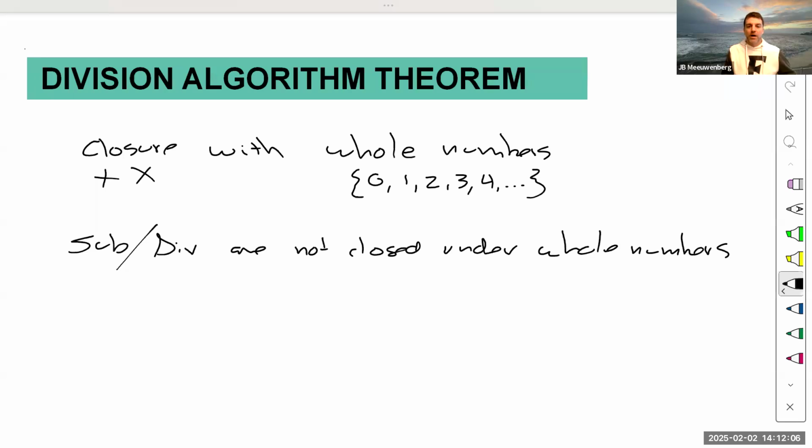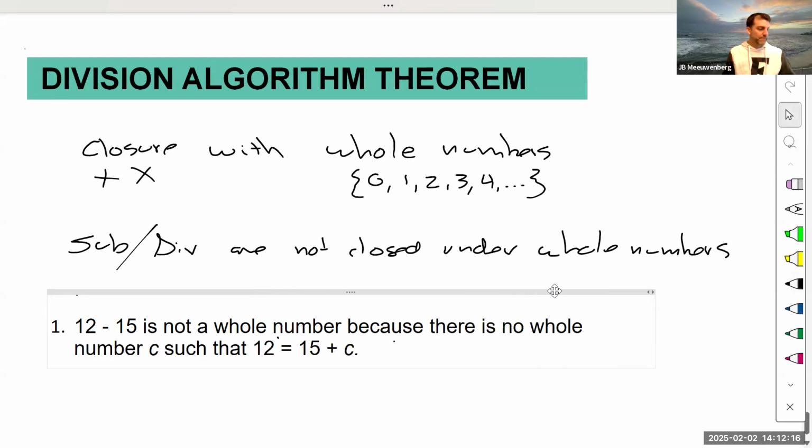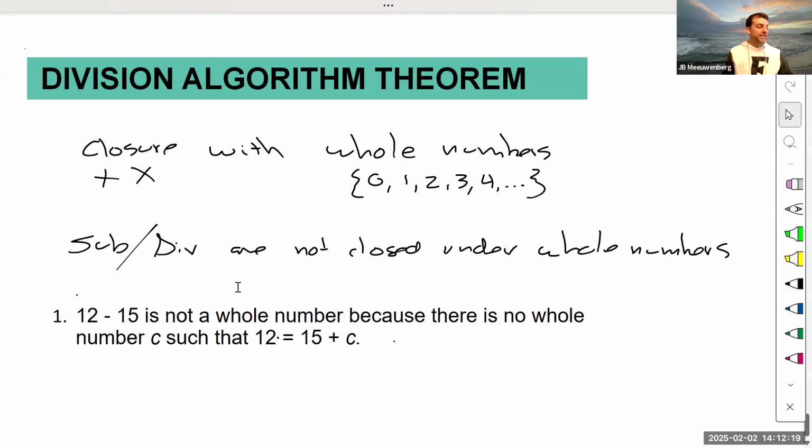How can we prove that? Well, we can say something formal like this. Let me extend this, it's easier to read. 12 minus 15 is not a whole number because there is no whole number C such that 12 is equal to 15 plus C. That gets to the actual definition of subtraction.